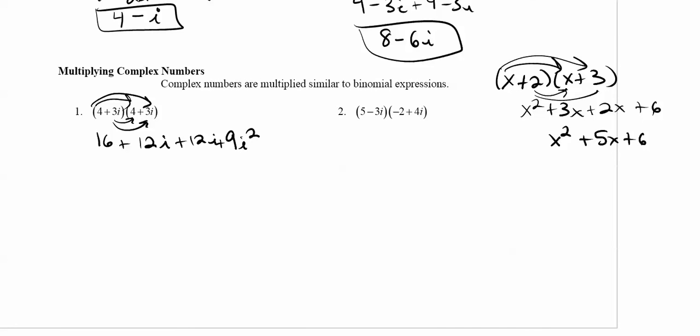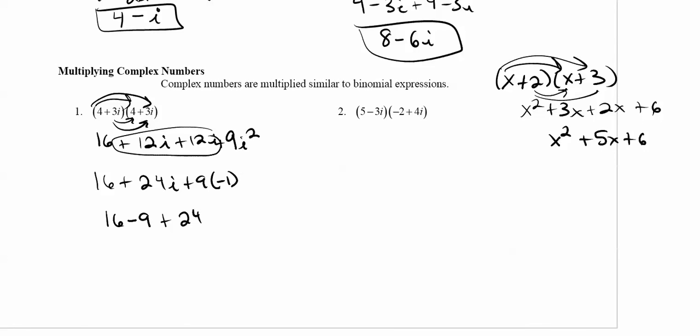Well, again, remember that we can only combine like terms, so we can combine the i's, so that would be 16 plus 24i, and then of course plus 9, but now we've learned that i squared is negative 1, so that will affect the answer that we previously got. So that would be 16, and that would be minus 9, and that would be plus 24i. So that's going to change.